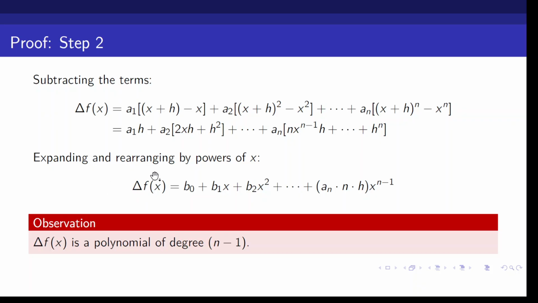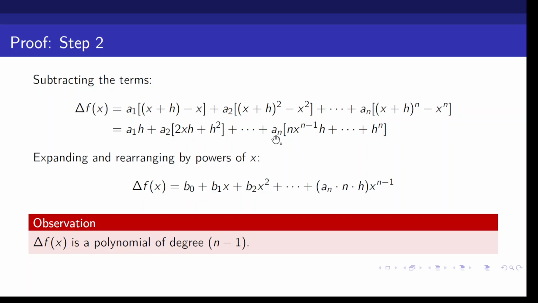Similarly, expanding and rearranging the powers of x, let us suppose the first term, here there is no variable x, so we take this as b0, and this is b1 into x terms, coefficient b1, so on, x power n minus 1 term coefficient an.